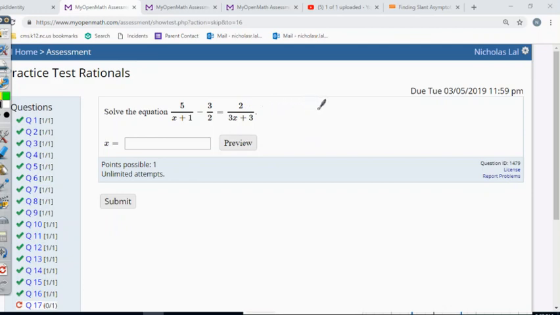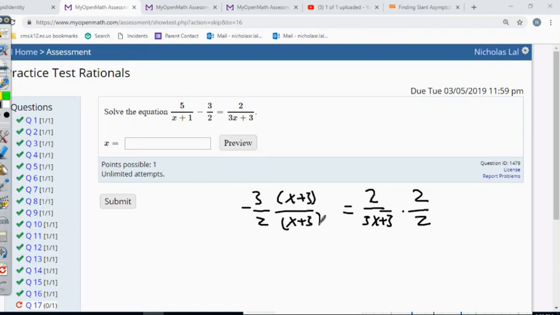Get a common denominator, so we only want 6x plus 6. 2 over 3x plus 3 times 2 over 2 is equal to -3 over 2 times x plus 3 over x plus 3. 5 over x plus 1 times 6 over 6.